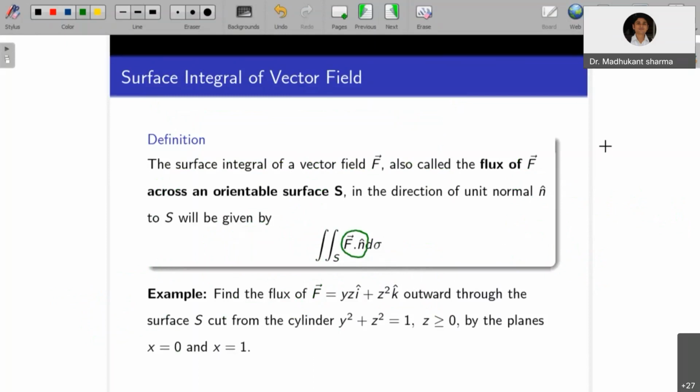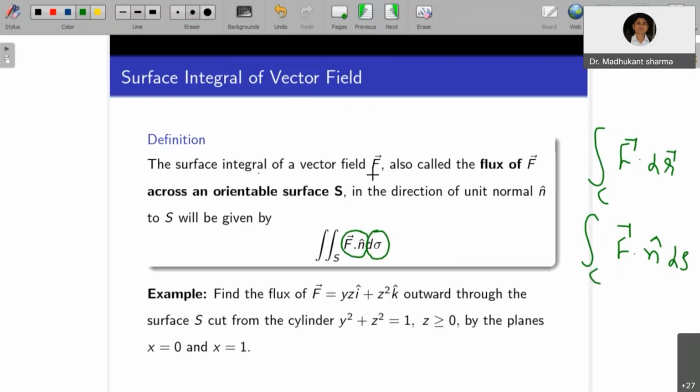When we had the integral of F dot n cap ds over the curve C on a planar region, this gave you the outward flux, which we have seen. When you have the vector field in 3 dimensions, you will have the double integral here. d sigma is again a surface area differential.